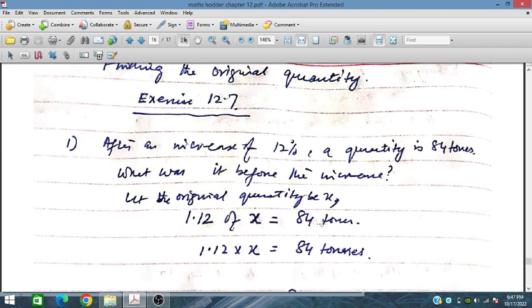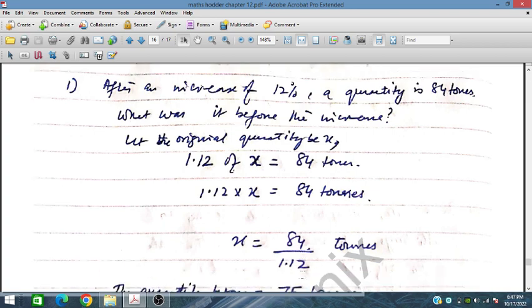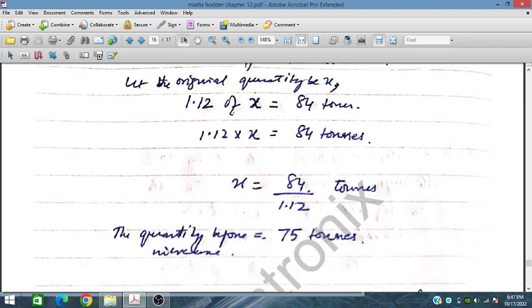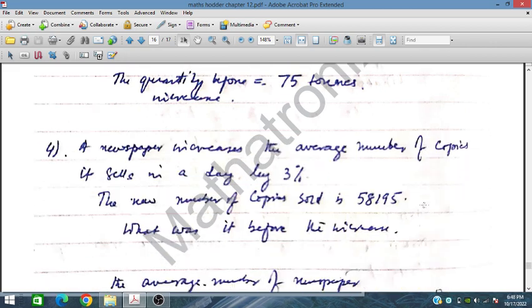So 1.12 times X is equal to 84 tons. So X is equal to 84 divided by 1.12, that is 75 tons. The original quantity was 75 tons, and after an increase of 12%, this increases to 84 tons.